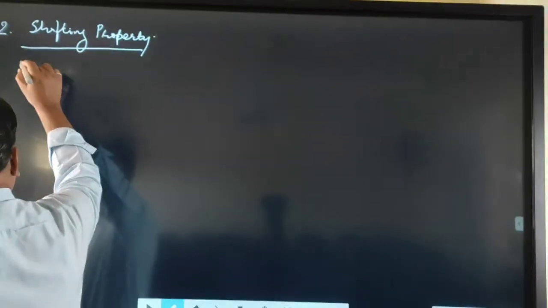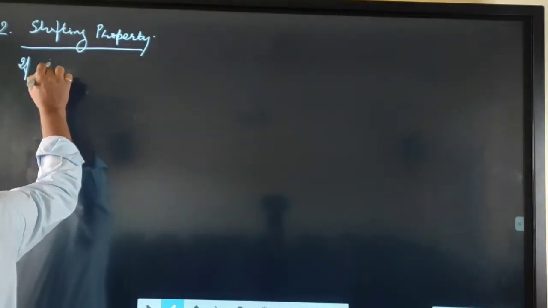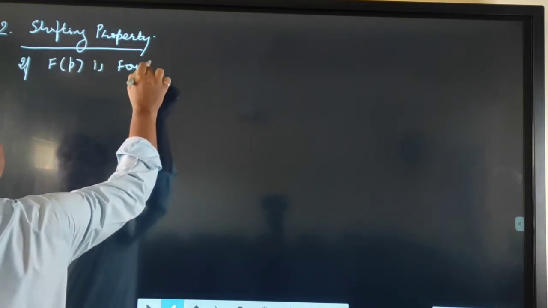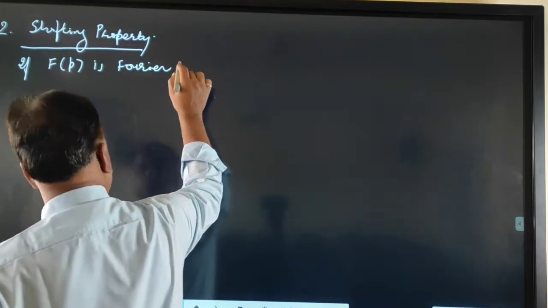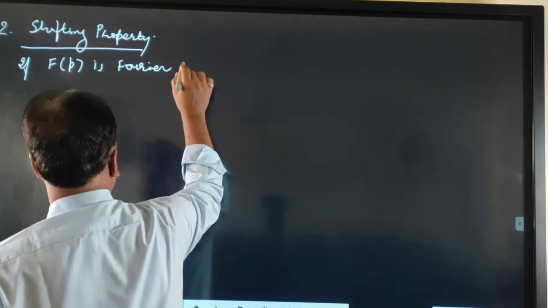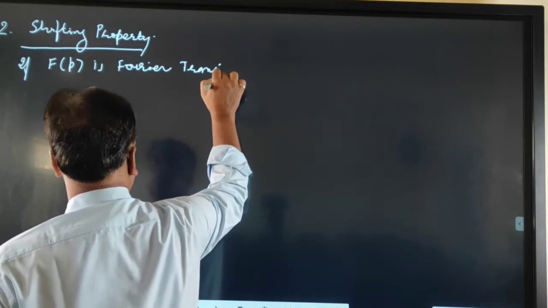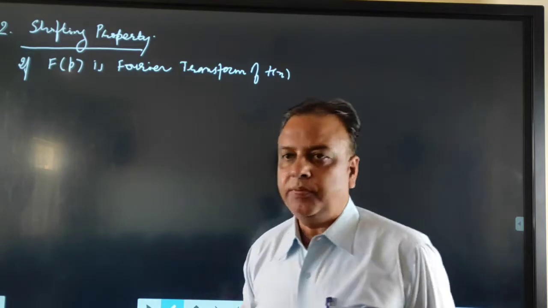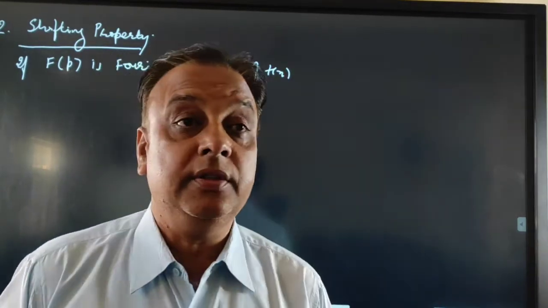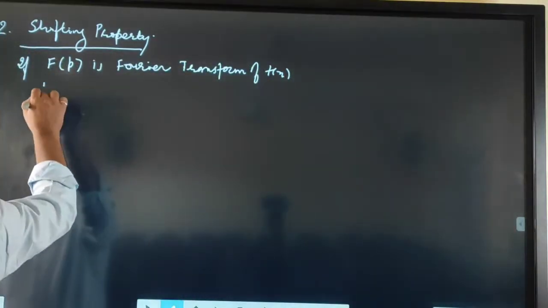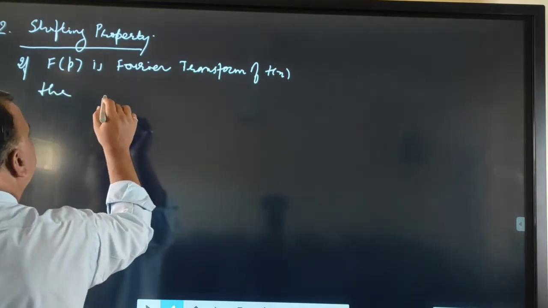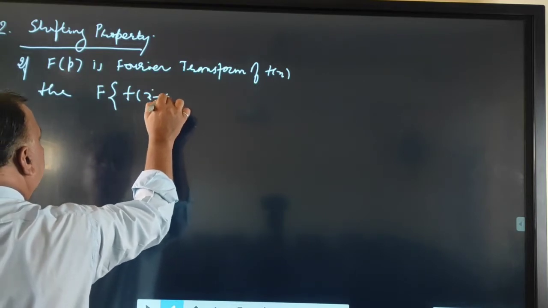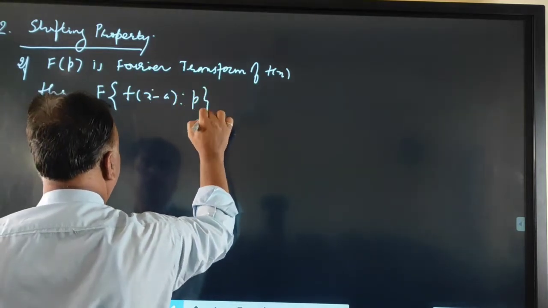The statement of the property is: if F(p) is the Fourier transform of the function f(x), then we have to find the Fourier transformation of the function f(x minus a) with respect to p.